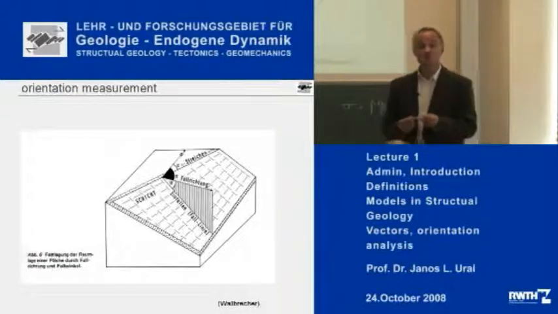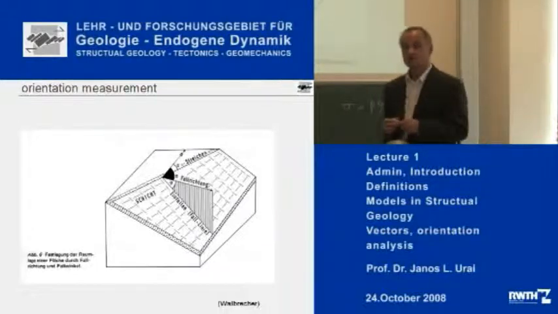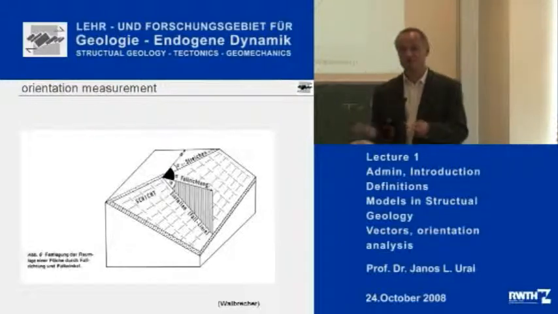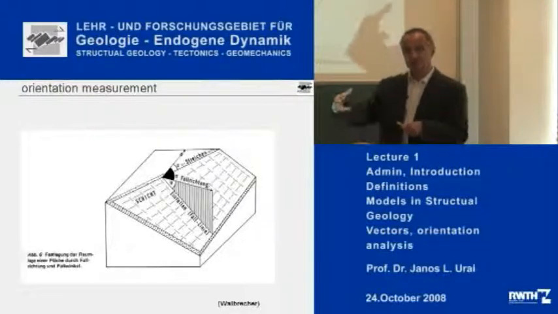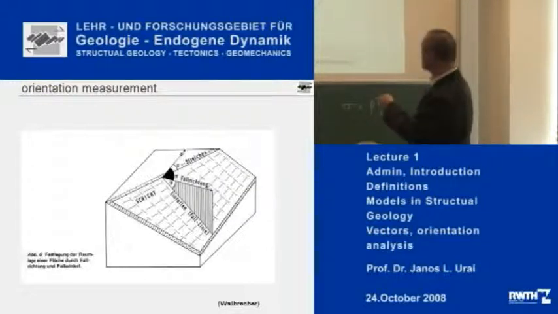Orientations in structural geology are everywhere, and you have to be able to measure orientations. I hope that most of you have already had a geological compass in your hands, and you have been able to measure a plane. So for example, here is your plane. This is the dip line, this is the dip direction, and this is the dip angle.